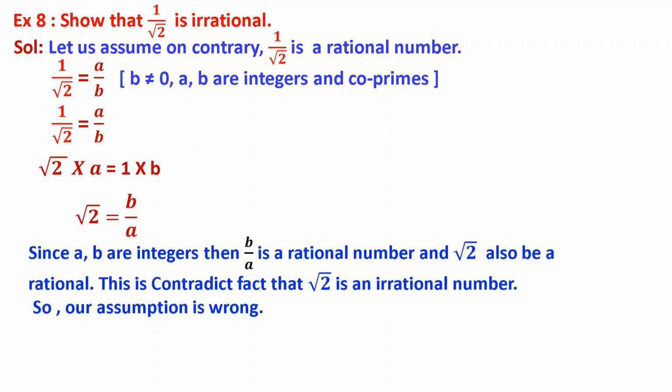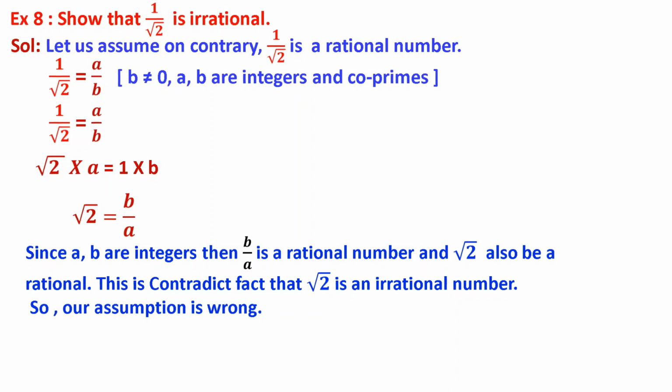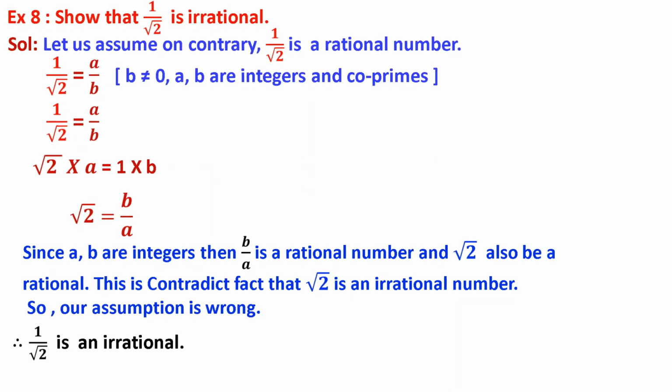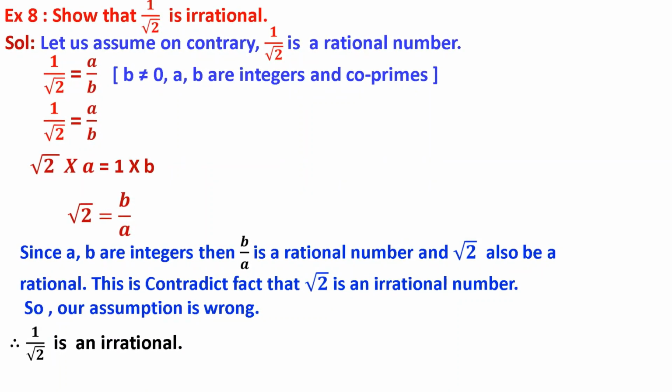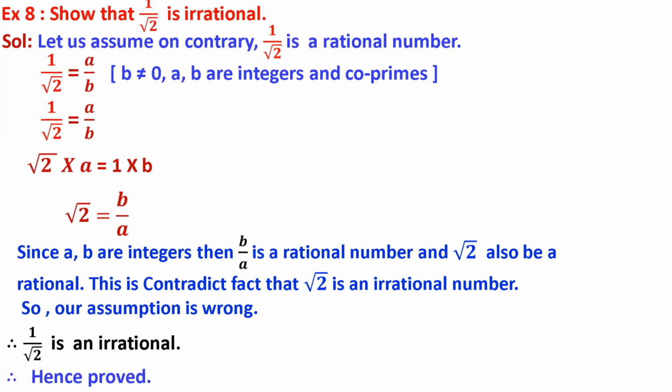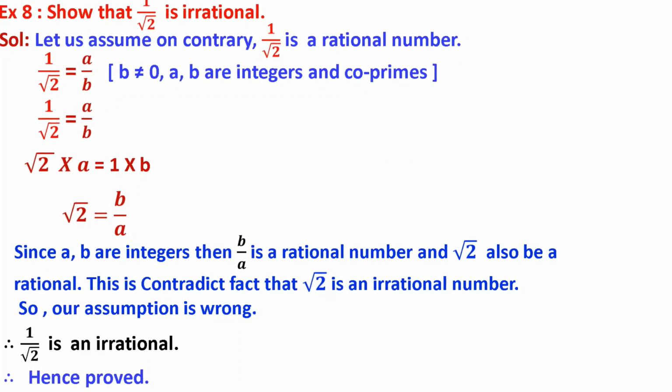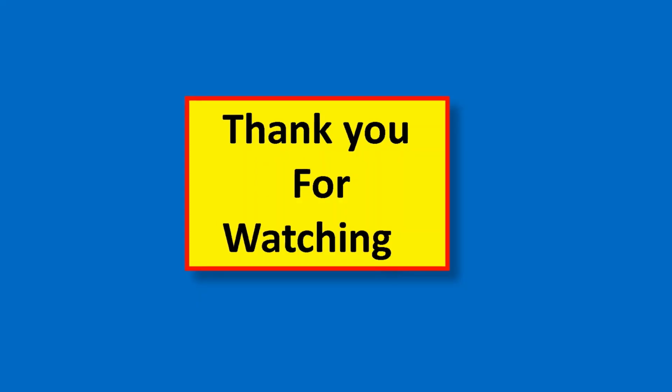Since a, b are integers, b by a is a rational number and root 2 would also be rational. But this contradicts the fact that root 2 is an irrational number. So the assumption is wrong. Therefore 1 by root 2 is irrational. Hence proved.